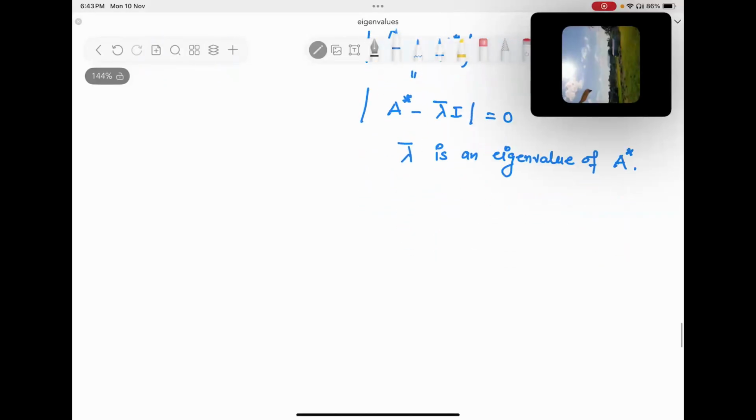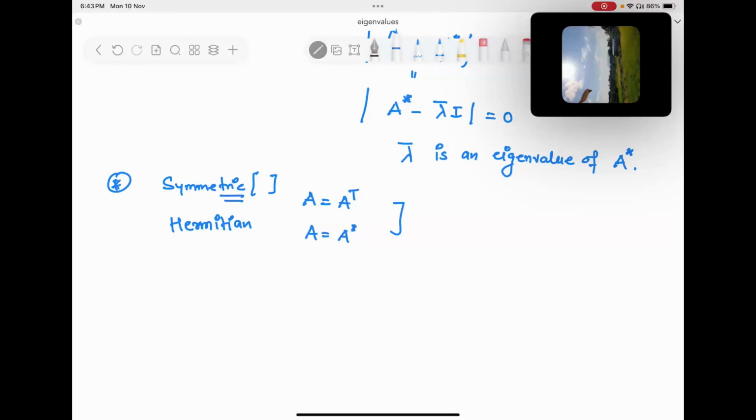Now suppose you have a symmetric matrix. Symmetric means A equals A transpose. In the real case we say symmetric, and in the complex case we say Hermitian, if A equals A star.